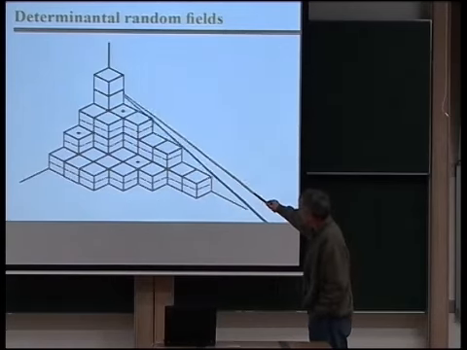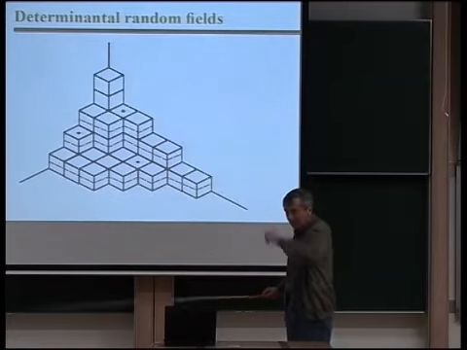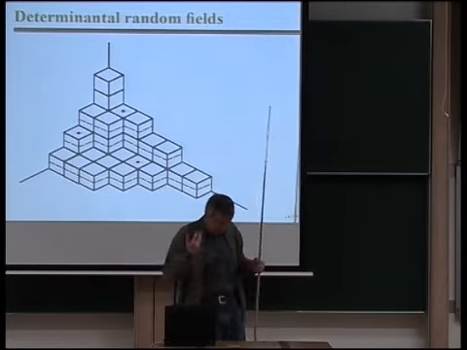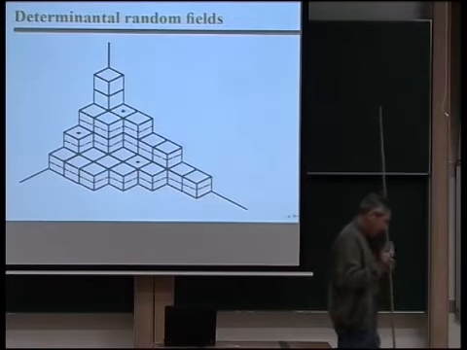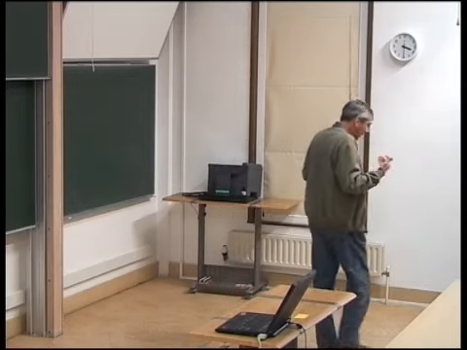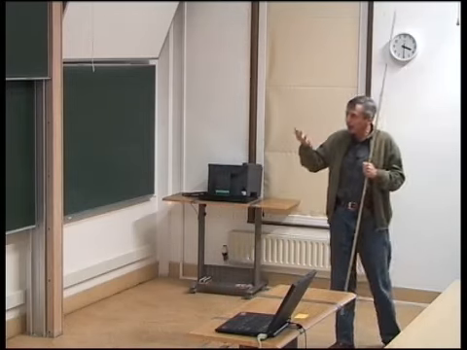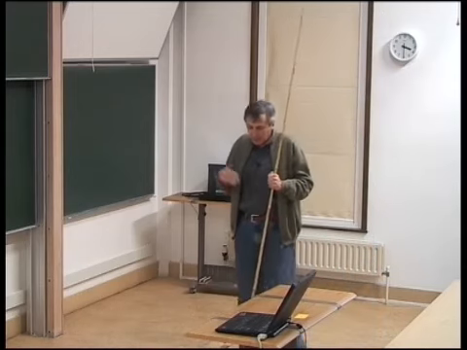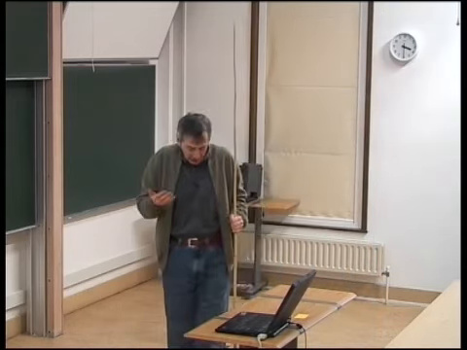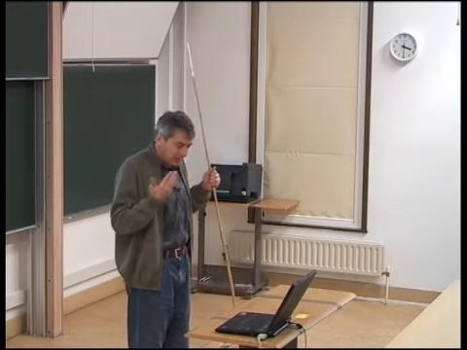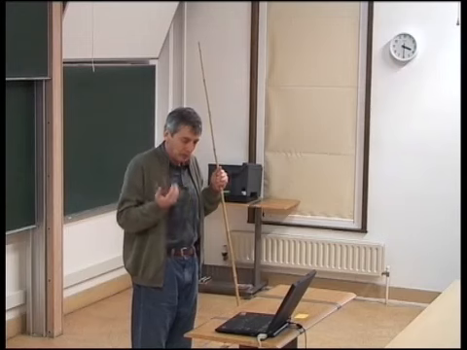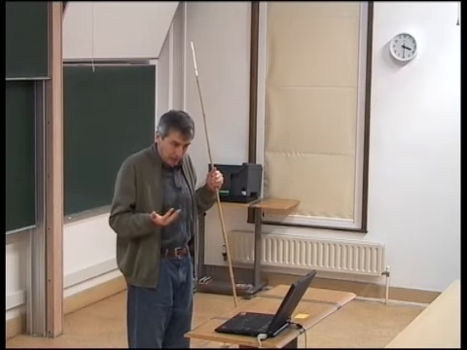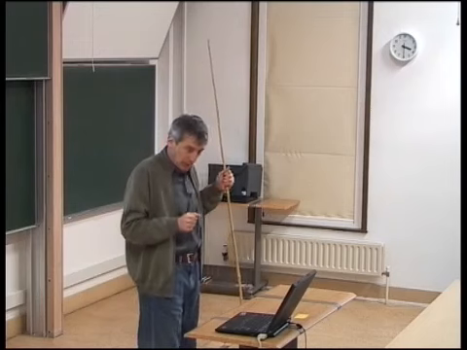And then, as you see, they are making paths. And if you interpret your determinantal random field as a measure on those paths, then you find that those paths are really behaving in a manner which is very similar to the Gibbs random fields, and I'm going to explain that now.